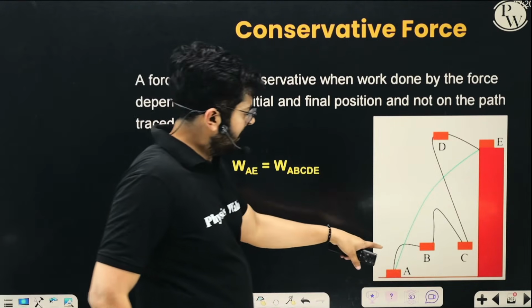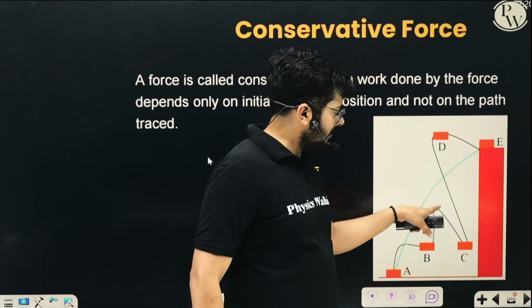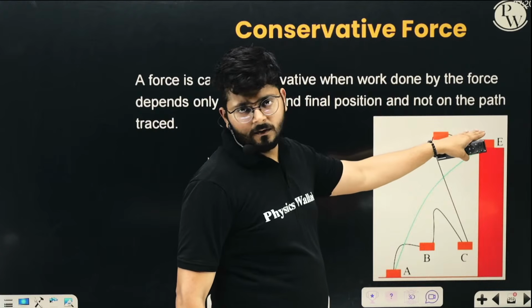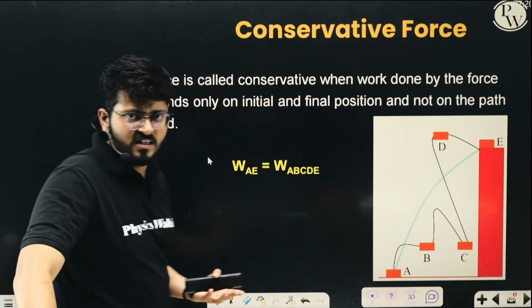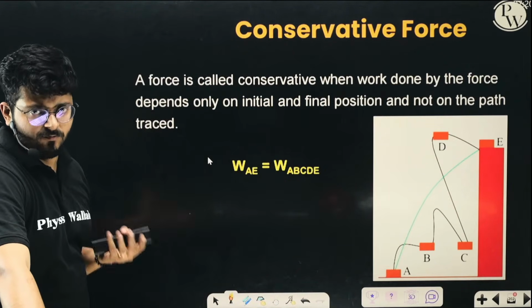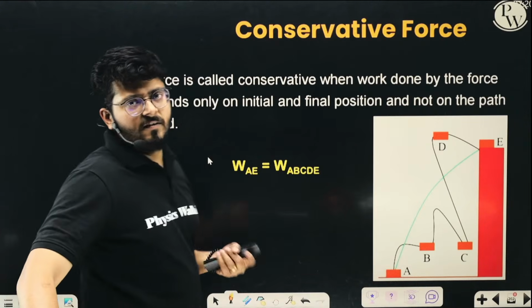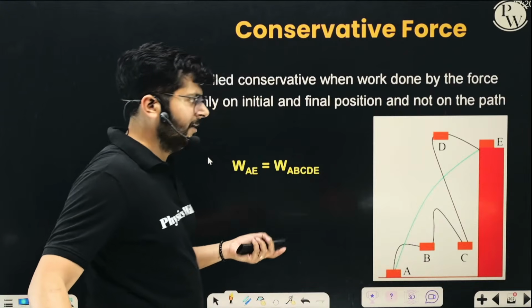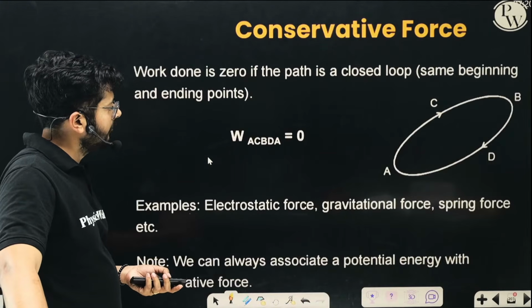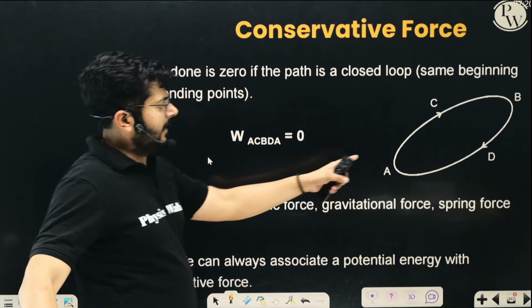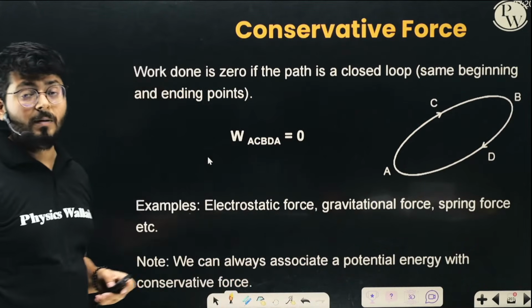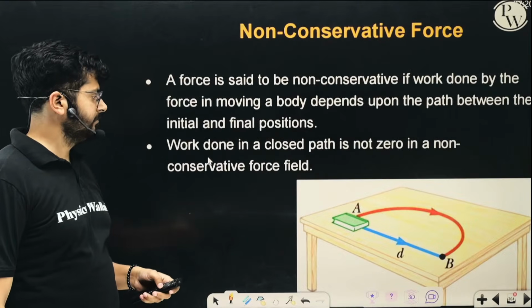For example, if you take the body on this path, or you take it directly from here to here, the work done against gravity is still the same, because gravity is a conservative force. It depends on the displacement though, right? And if you come back to the same place, the work done in the cycle by the conservative force becomes 0, right?